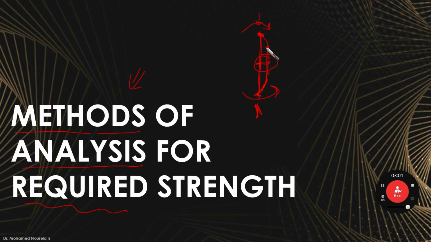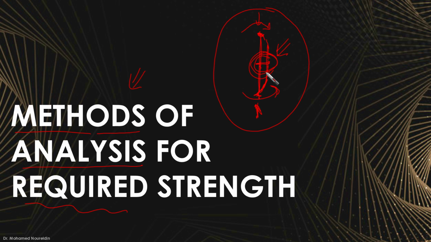So we need to make another type of analysis that considers this additional moment that is going to occur. Based on this idea, the AISC gives us some methods of analysis for obtaining the required strength.